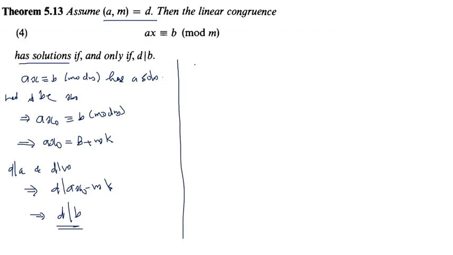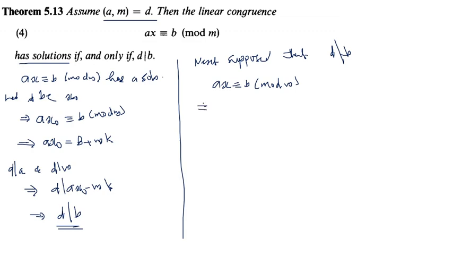So next suppose that we assume d divides b, that is GCD of a and m equal to d and d divides b. We have to prove that ax congruent to b mod m has a solution. So consider the congruence ax congruent to b mod m.